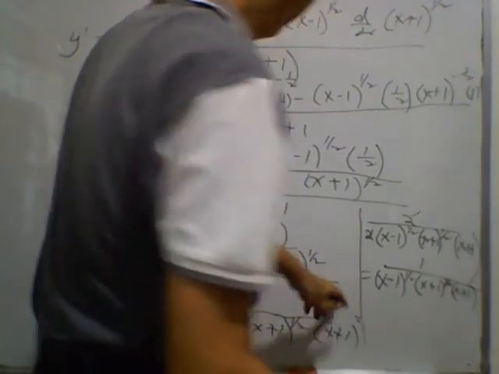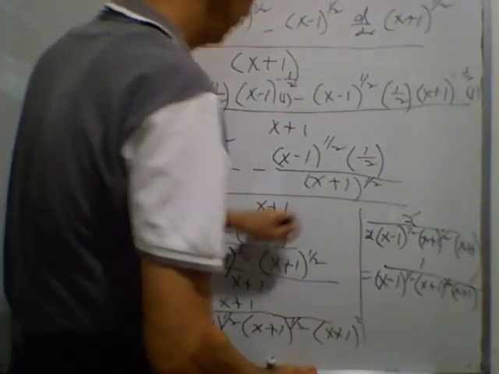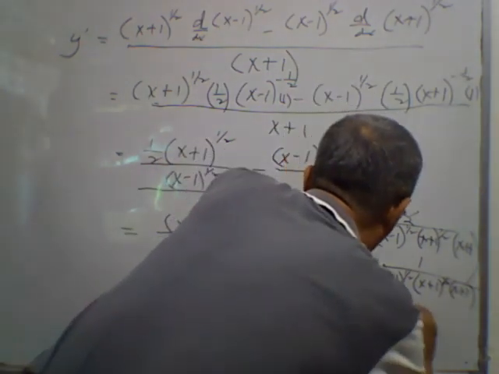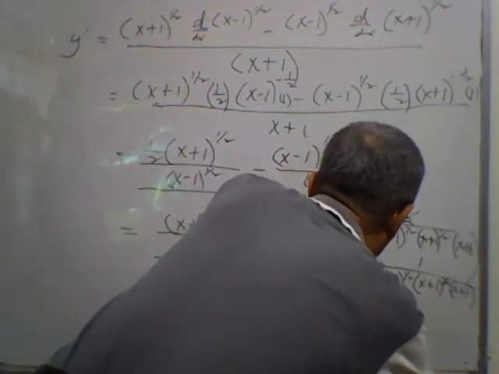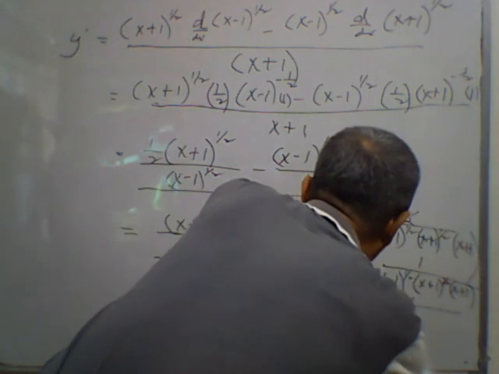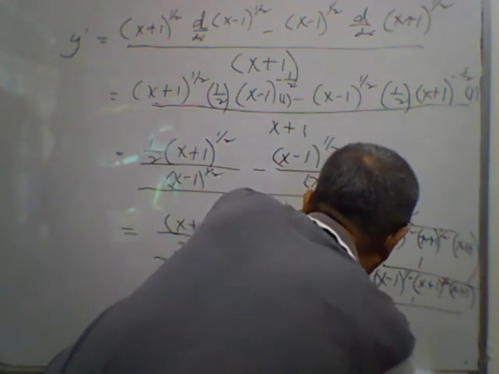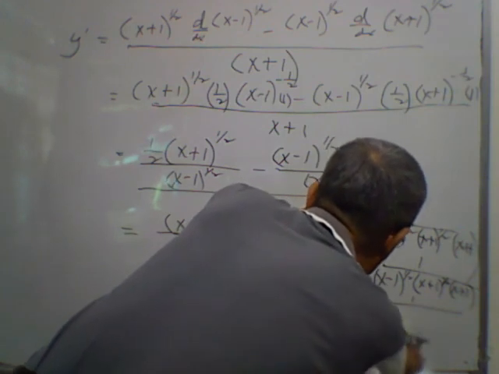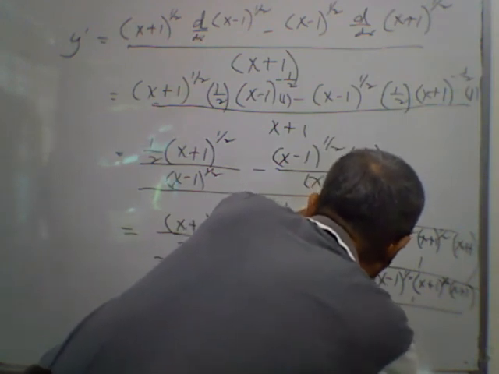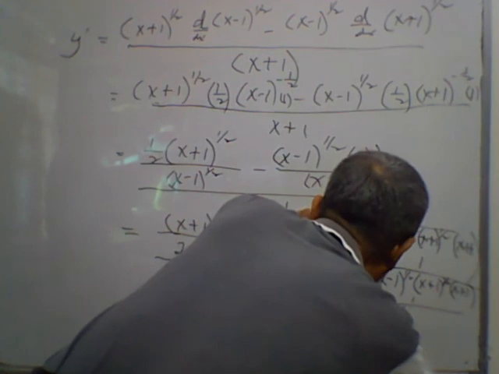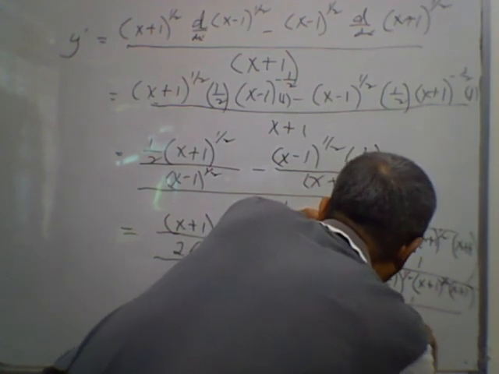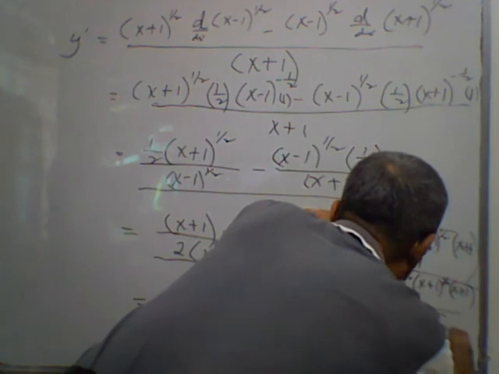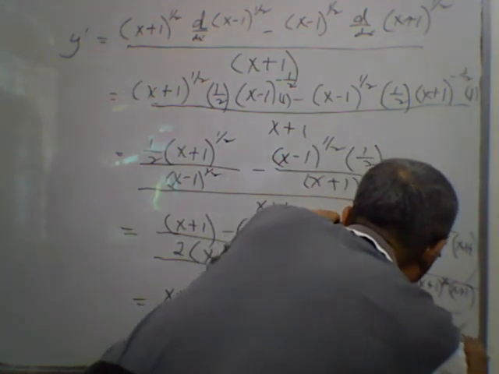So now we are ready to convert this into radical form again. For our final answer, this will become 1 over square root of x minus 1 times square root of x plus 1 times x plus 1.